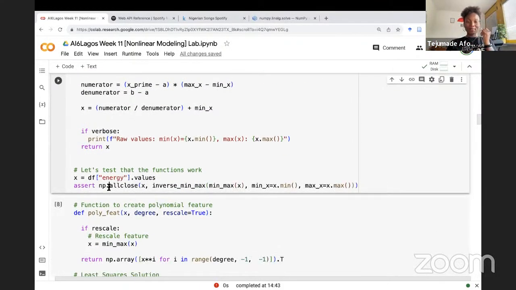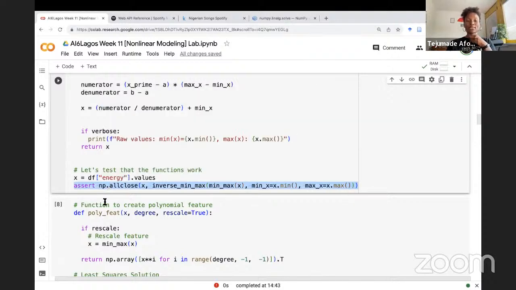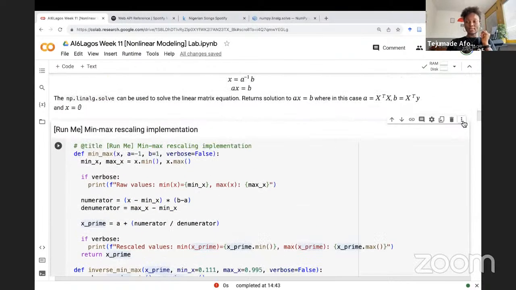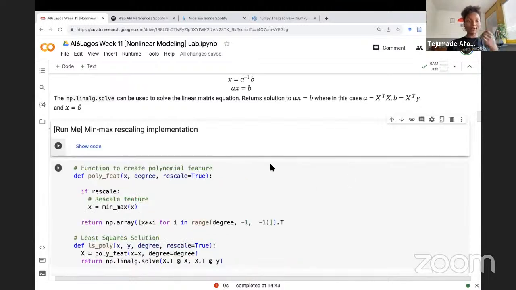And here I put a test to show that the implementation works. If there is no error here, it means that the implementation works. I first min max it, and then I did the inverse min max. This is not very relevant. It's just for knowledge sake, which I think is the purpose of the lab, to learn something new that you didn't know before.